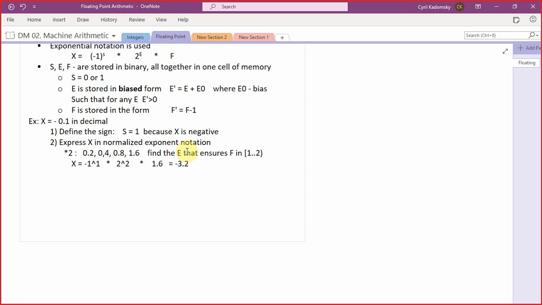If I put power 2, the number becomes even bigger. So the power must be negative. Okay, let me try minus 1. So it's moving in the right direction, the backward direction, actually.